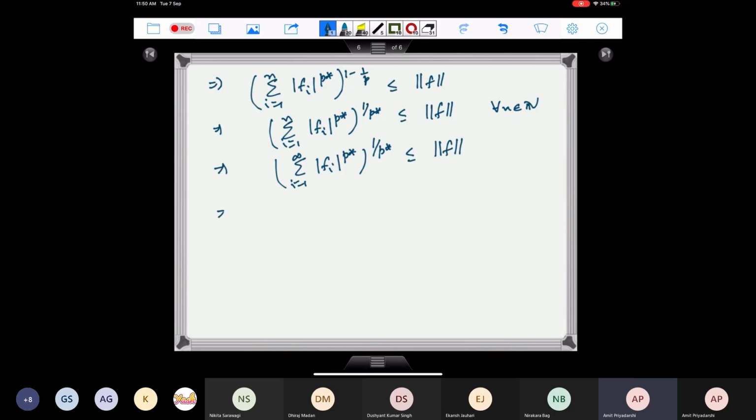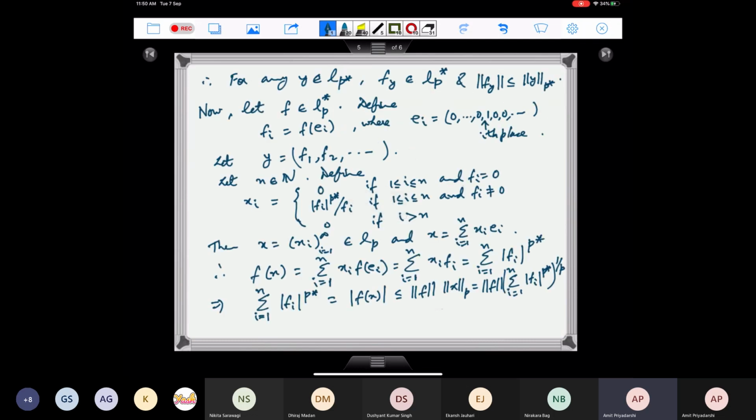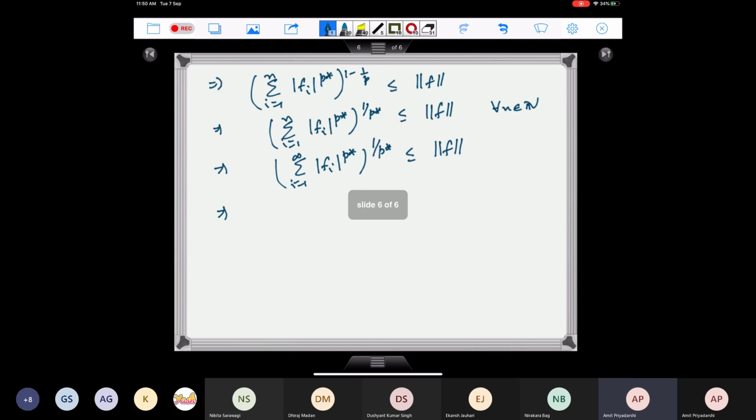So this implies this sequence fi, which was y, so y equal to this sequence fi, belongs to lp star, and norm of y, p star norm, is less than or equal to norm of f.